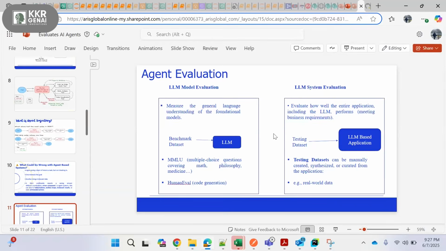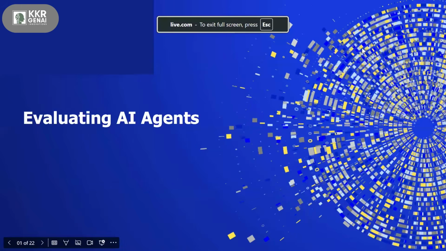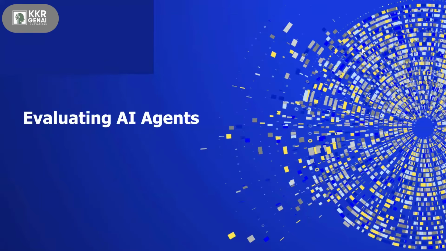As an AI developer, you need to identify which foundation model can be integrated with this evaluation process, because sometimes if you go with the cheaper foundation model, you won't get the expected results.